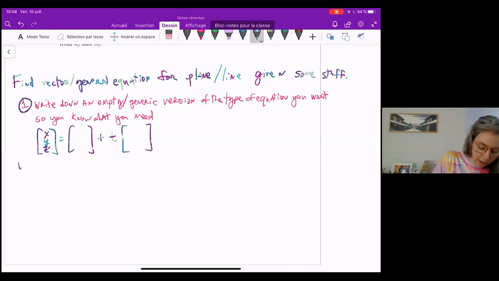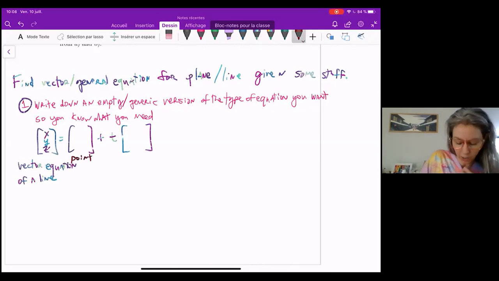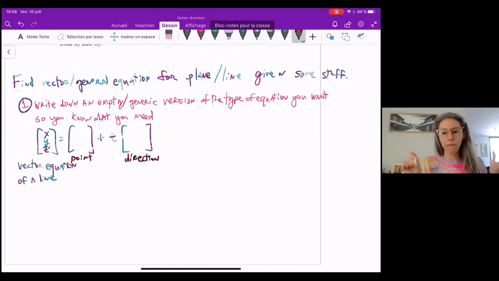And this would be the vector equation of a line. And I know that this blank right here needs to be a point, and this blank right here needs to be a direction vector. So I'm going to have to figure out how to fill those two things in.